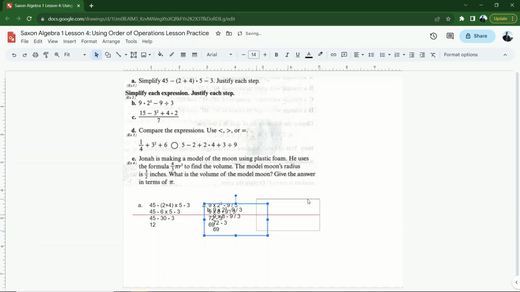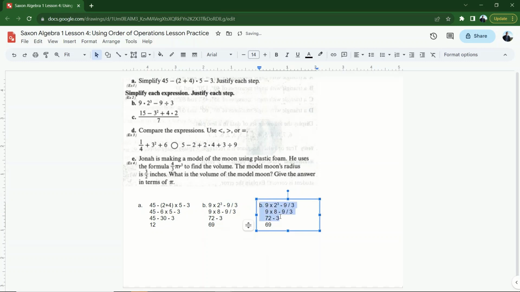Letter C is very similar, except this time I have one big fraction bar dividing everything. So this is going to be 15 minus 3 squared plus 4 times 2. And then this whole thing is going to be divided by 7.